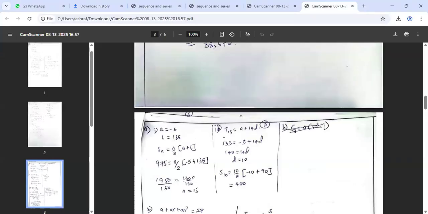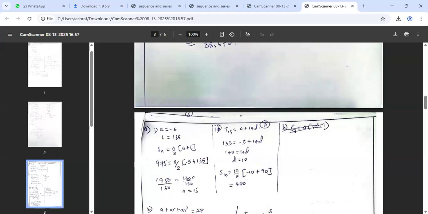So we have been given the last term. We know the last term is 135, and we've gotten that the last term is the 15th term. So we write T15 is equals to A plus 14D. That is the formula for T15. Then we know the value of T15 as 135. A is -5. Then we just work out, make D the subject. So you get D as 10.